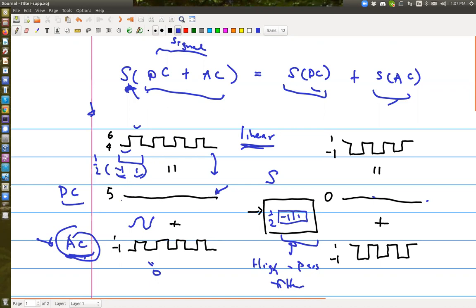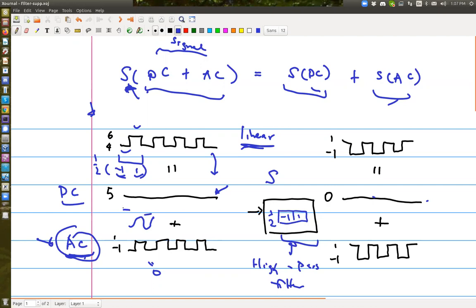If it's not oscillating, then there's no frequency there. The frequency is how many times you oscillate per second, or in this case per step, right?